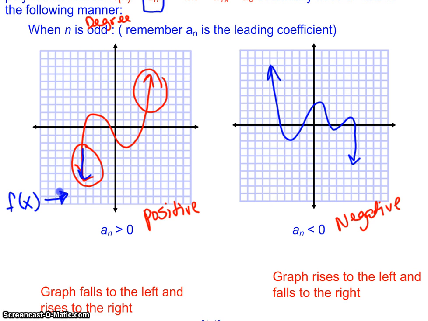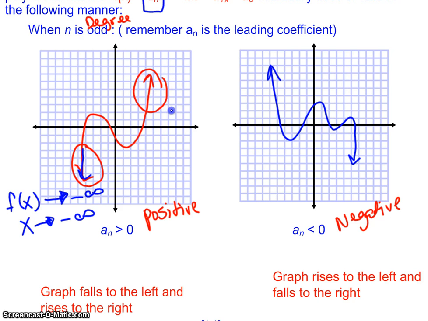What's down? Negative infinity. So on the left side, f of x goes to negative infinity as x goes to negative infinity. Because you're talking about the left side anyway, that refers to your x values.